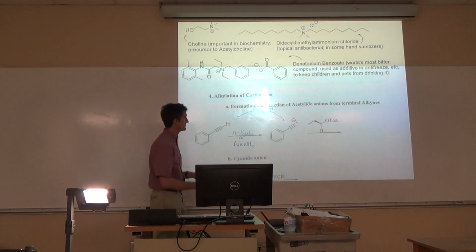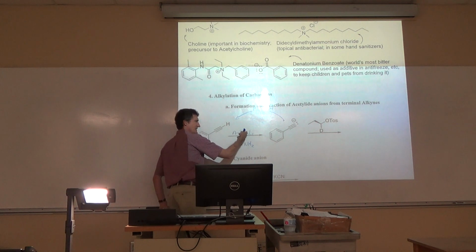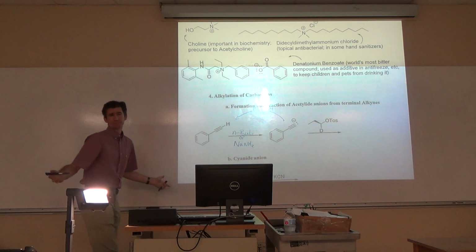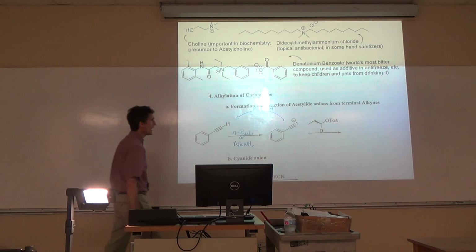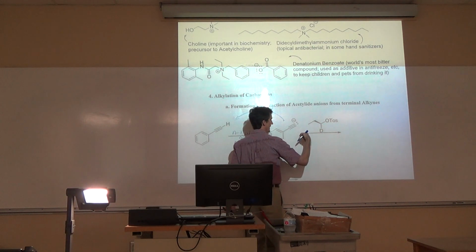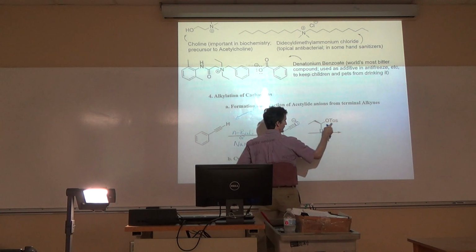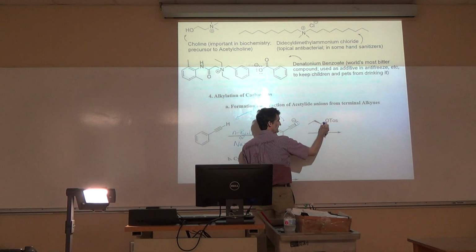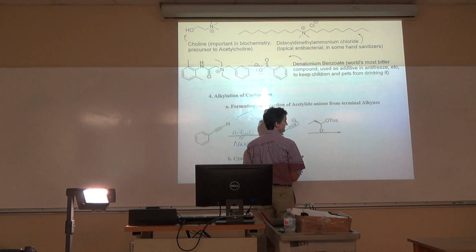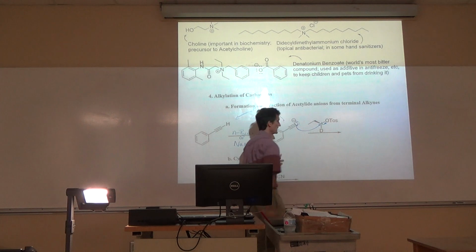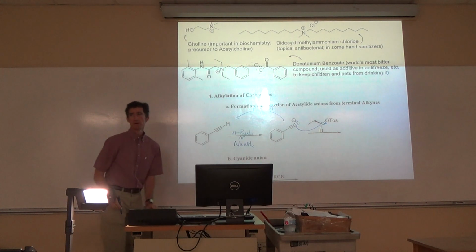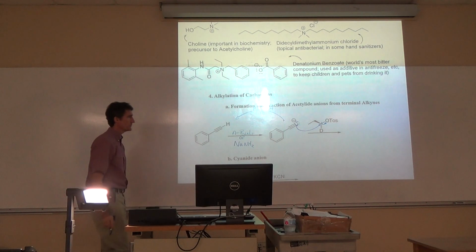Better base. But you're not going to hardly ever see this in textbooks. But once we make the anion, now we have a good nucleophile. And these electrons, we throw in a carbon with a leaving group. What's the leaving group here? Tosylate. These electrons attack here, kick off the tosylate. What's the product going to look like?